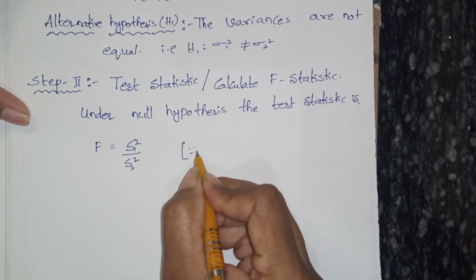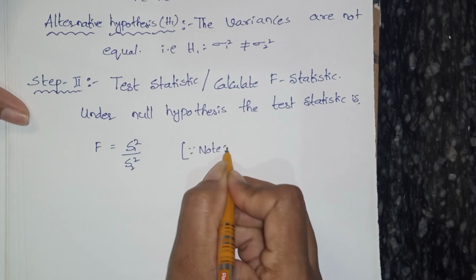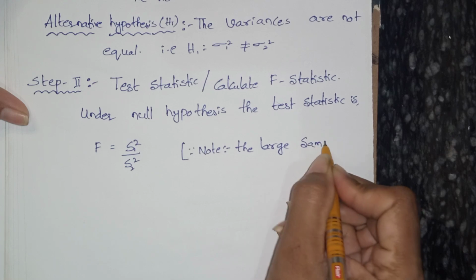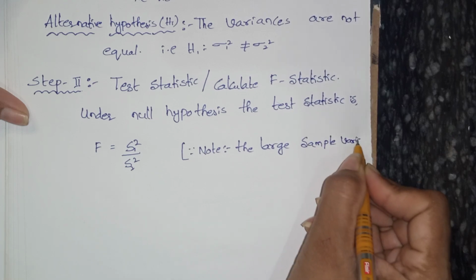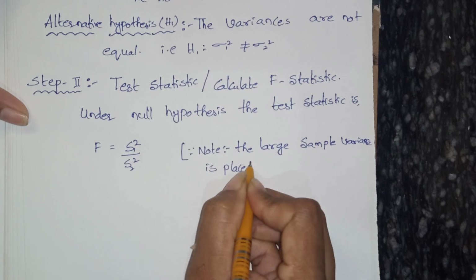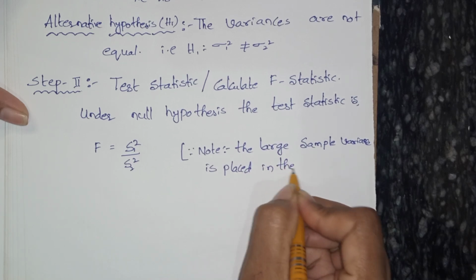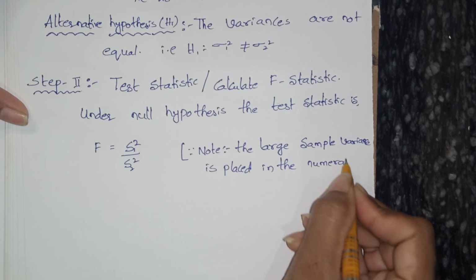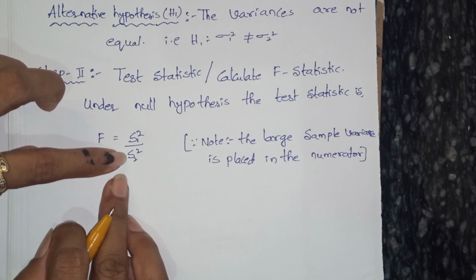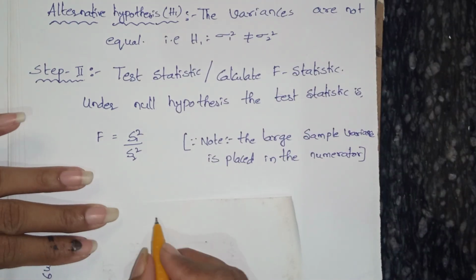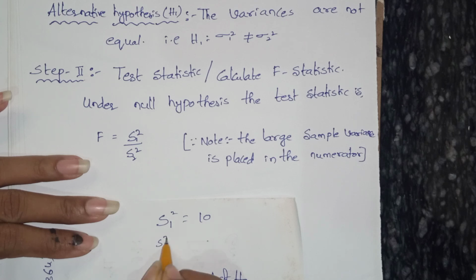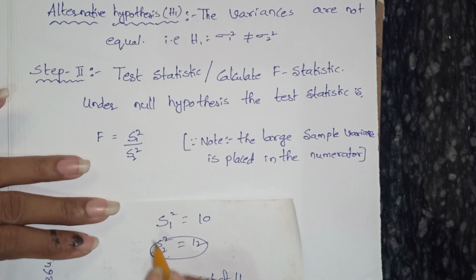What we have to remember here, note, is that the larger sample variance is placed in the numerator. For example, we have two samples. If S1 square is 10 and S2 square is 12, then which one do we place in the numerator?